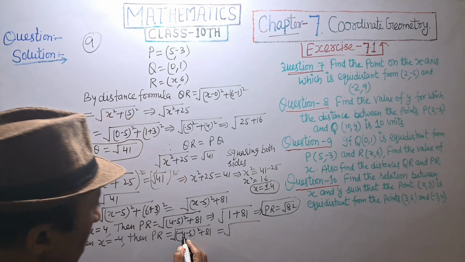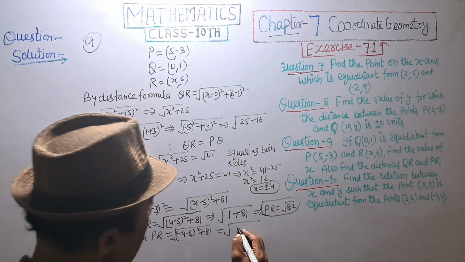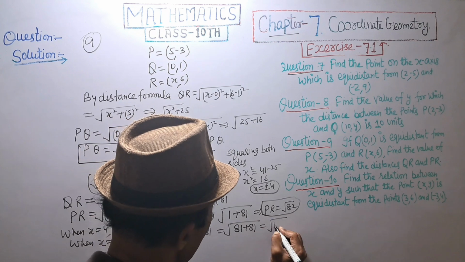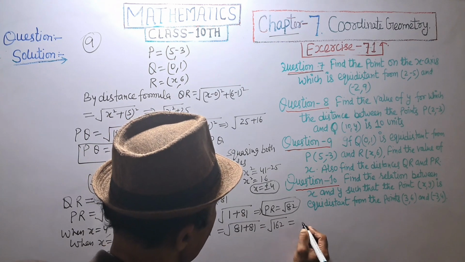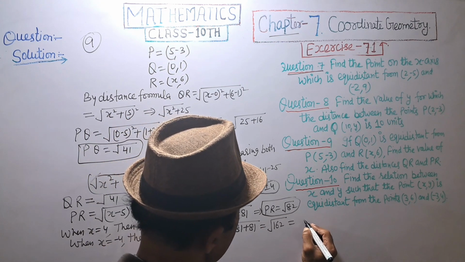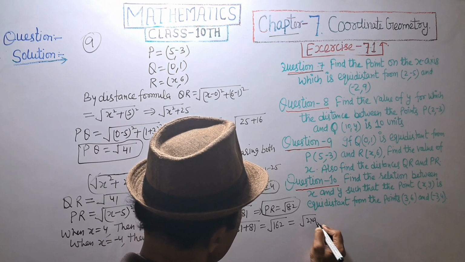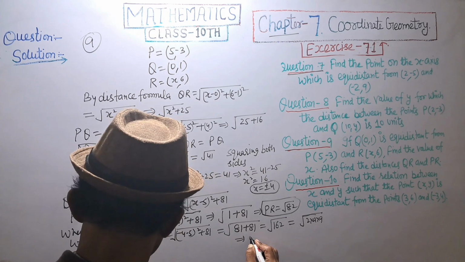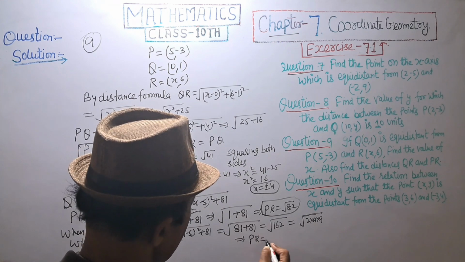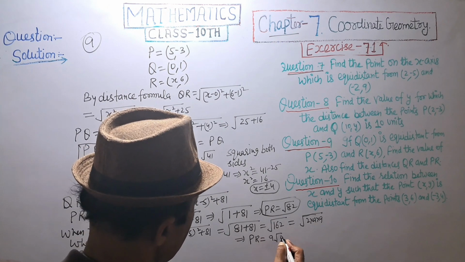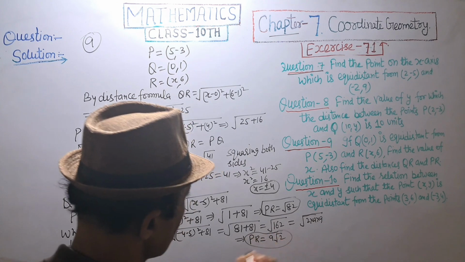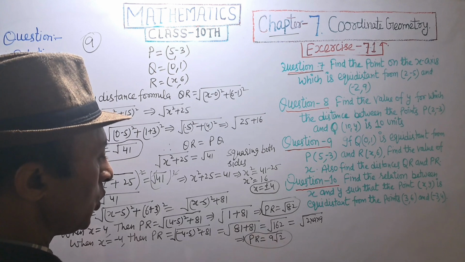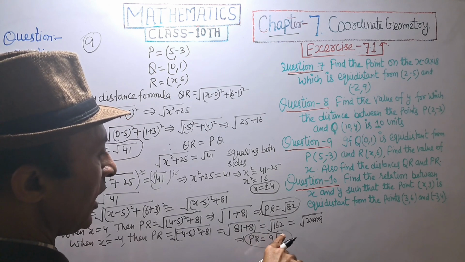This implies 5 plus 4 is 9. 9 9s are 81 plus 81, that is equal to under root of 162. And under root of 162 can be written as 2 into 9 into 9. This implies PR is equal to 9 root 2. 9 9s are 81, 81 2s are 162. So PR is equal to 9 root 2.